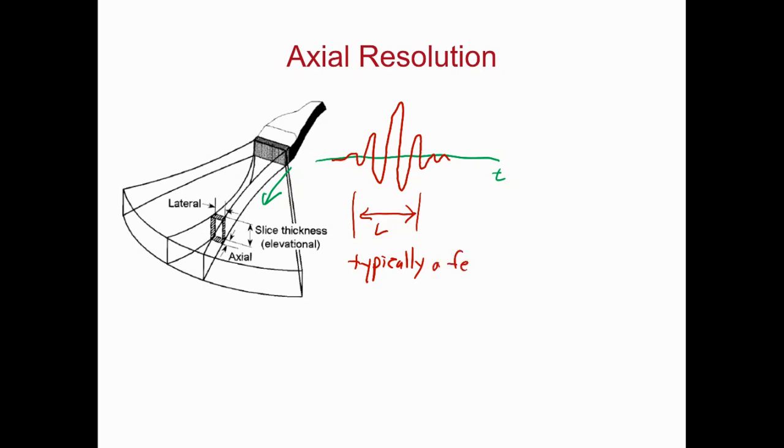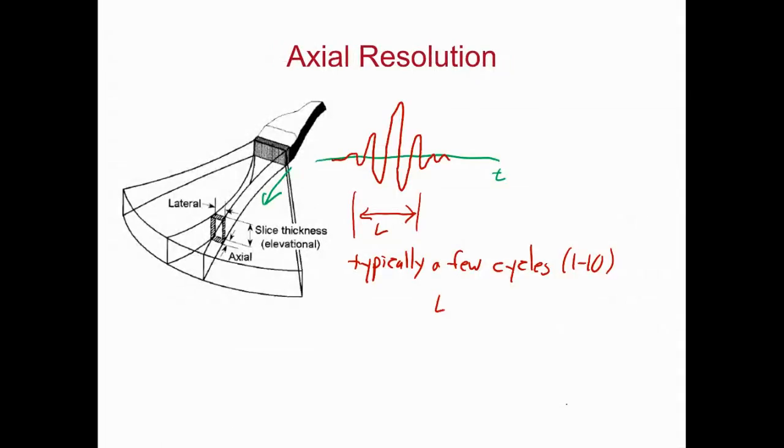So typically, a few cycles, like 1 to 10 is typical for ultrasound. If it's 1 to 10 cycles, that means the length is 1 to 10 wavelengths, because a cycle is one of these. That's a cycle. 1 cycle is 1 wavelength.